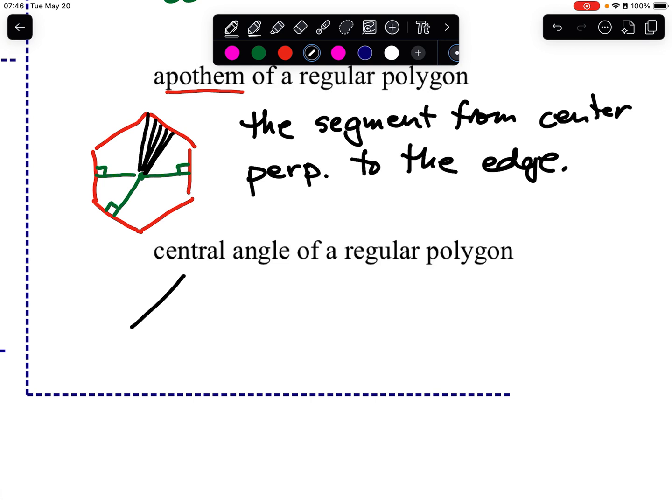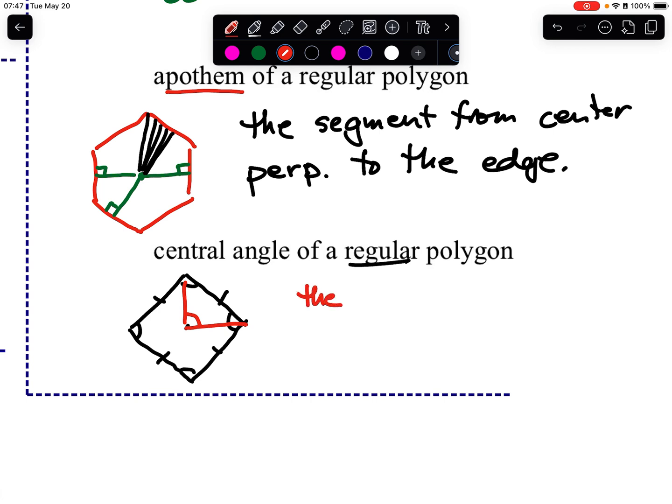And finally, what is the central angle? Let's draw a four-sided shape this time, aka a square. All the angles again have to be the same, and all the sides have to be the same, right? That's what it means to be regular. The central angle would be defined as the angle between two consecutive radii.